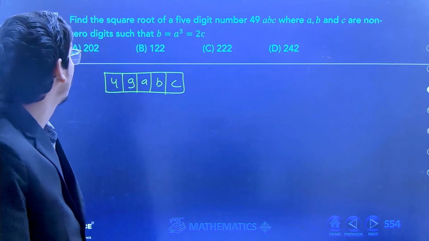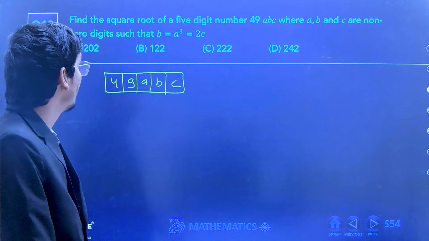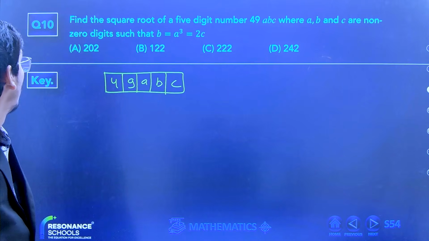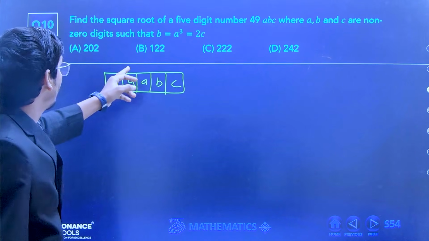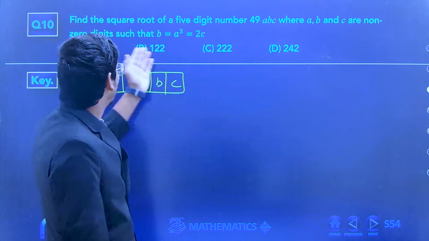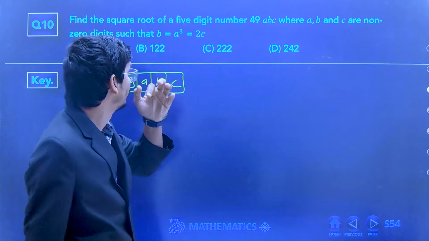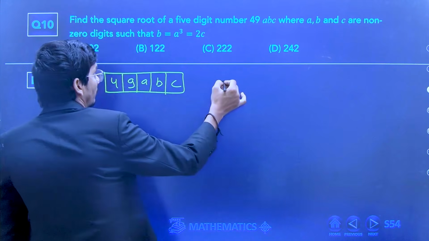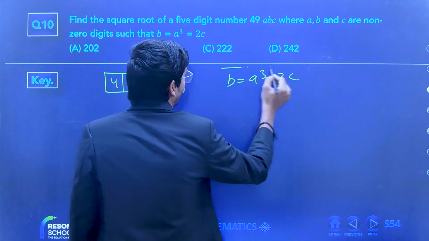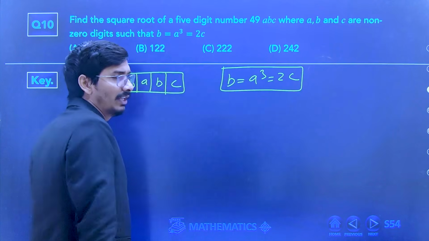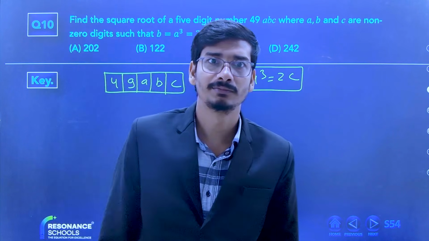Find the square root of the 5 digit number 49ABC, where B equals this, and the number is given like this. This condition is also given.